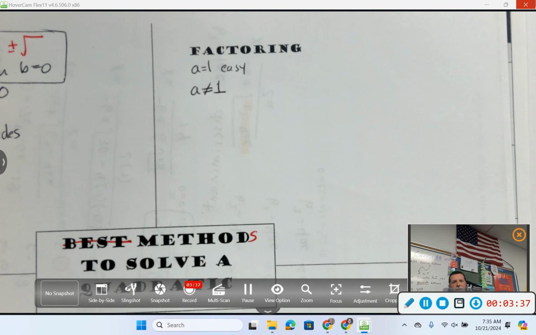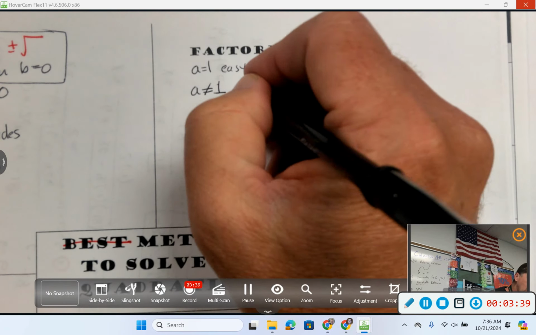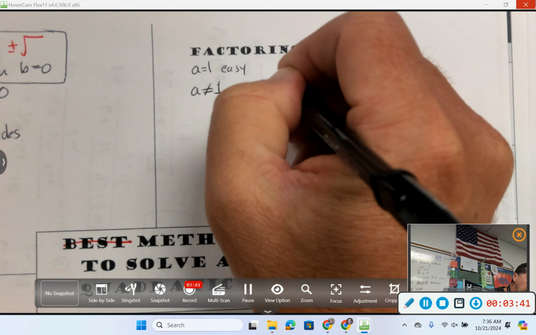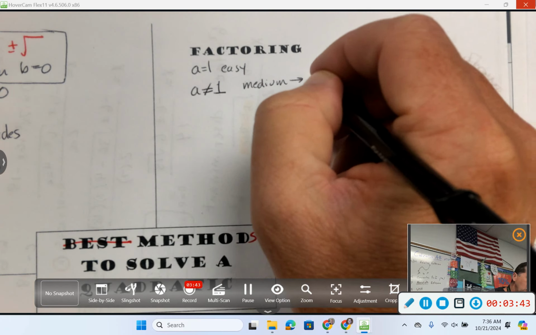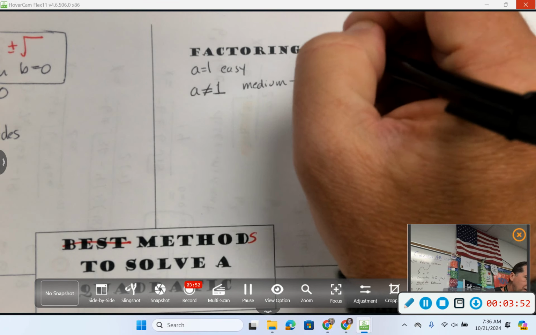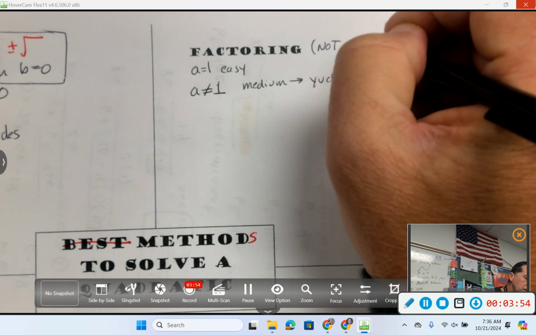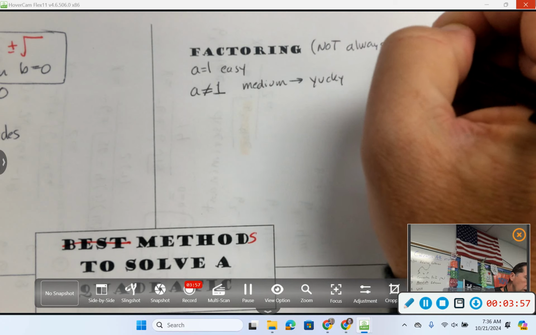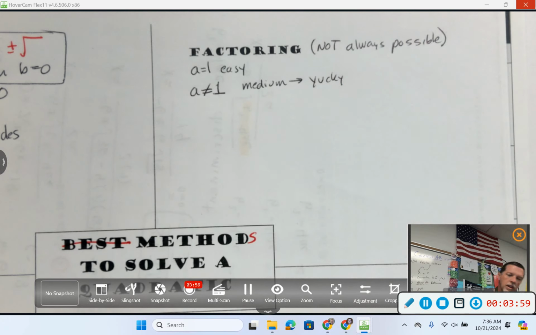It could be medium, it could be crazy, anywhere from medium to super yucky. And we should say this as well, it also is not always possible. If a has a ton of factors, or if c has a ton of factors, then it's a yucky method, because you have to grind through all the different possibilities and figure out what works.